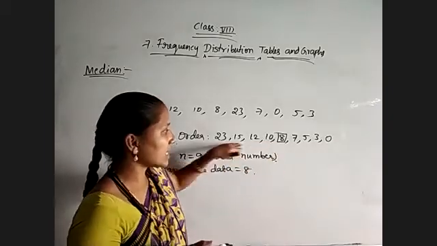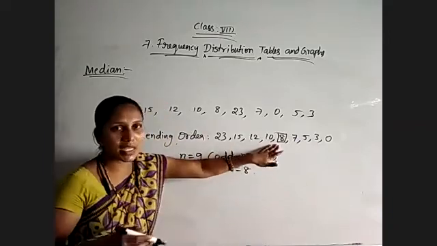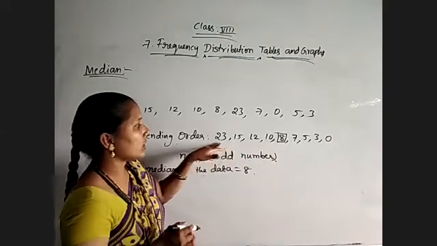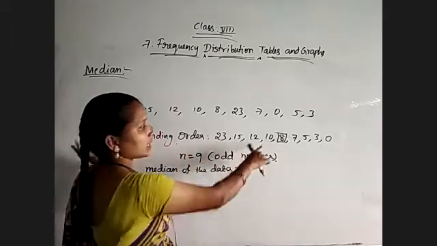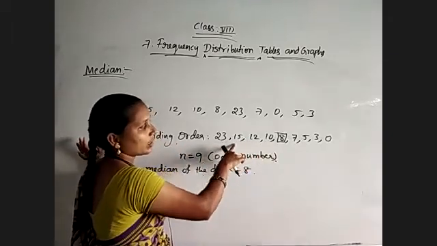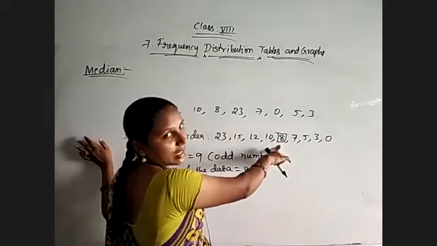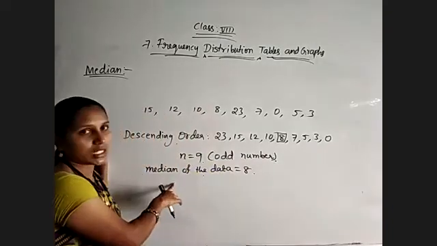If you increase these values above the median, there is no effect on the median. Suppose these four observations are increased by 2, it will become 12, 14, like that. Then also 8 only we will get as the middle because we are not changing it. So the median will not change.